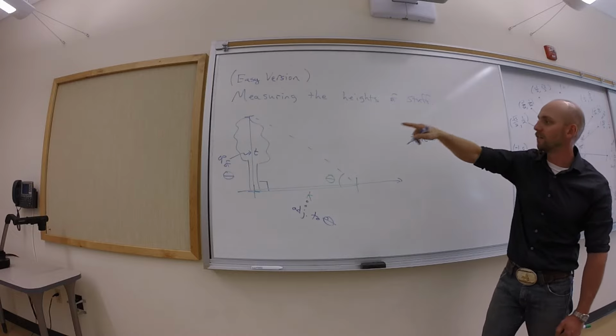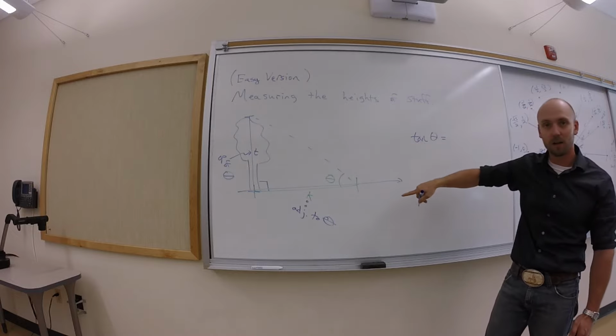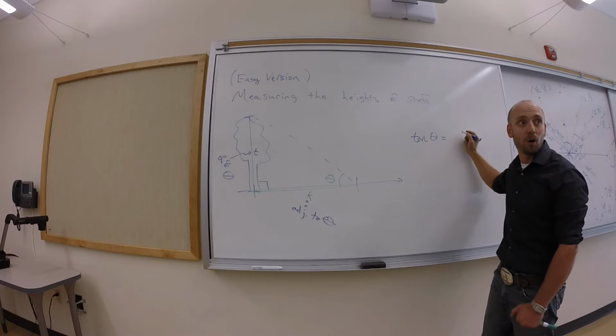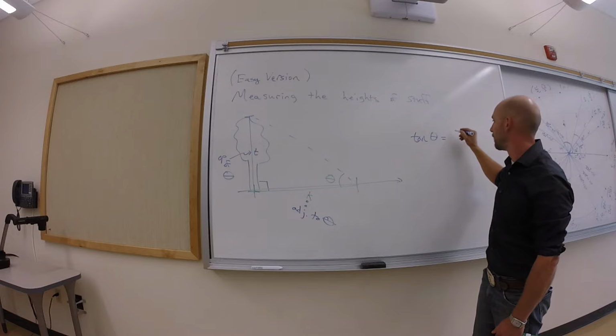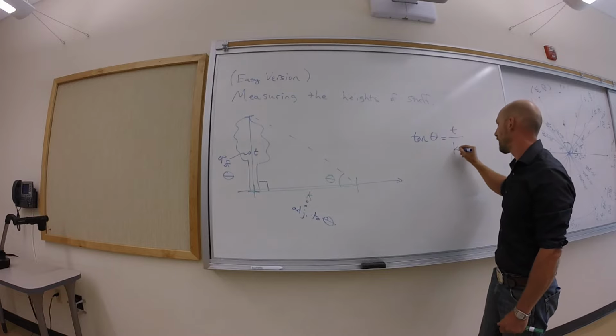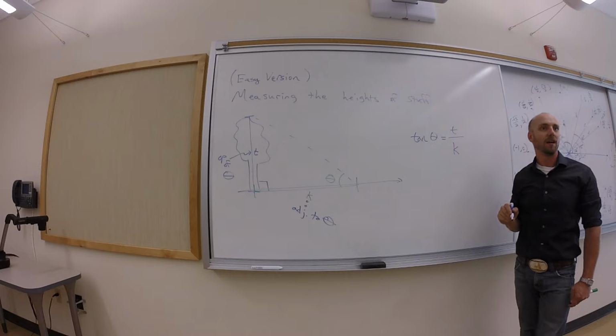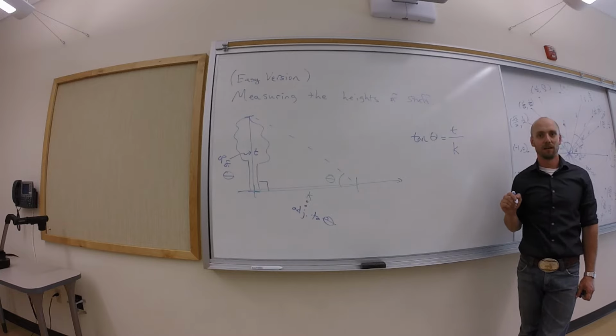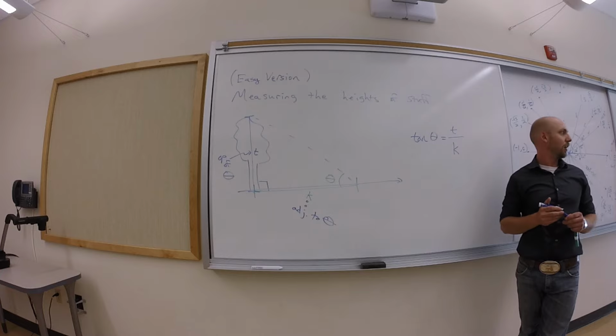So the tangent of theta is the opposite over the adjacent, right? From the TOA line of SOHCAHTOA. So that's T divided by K. And now we've reduced what was a trig problem into an algebra 1 problem and a calculator problem.